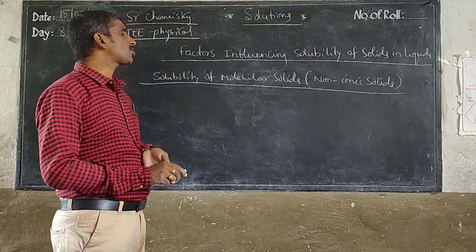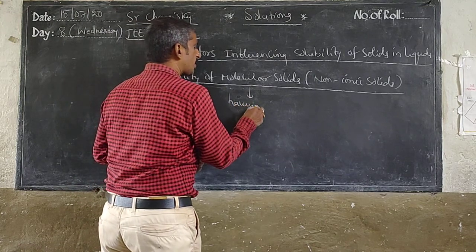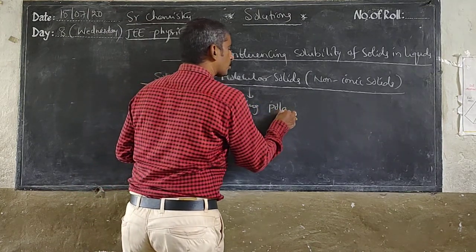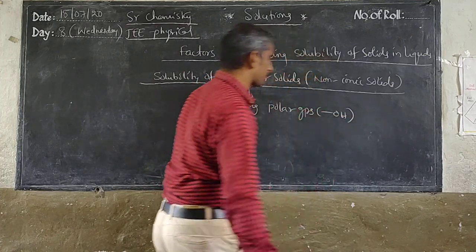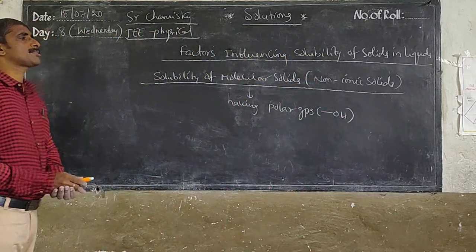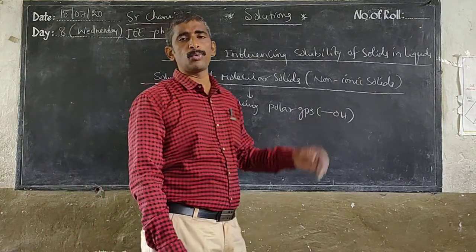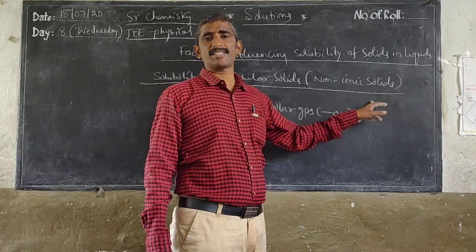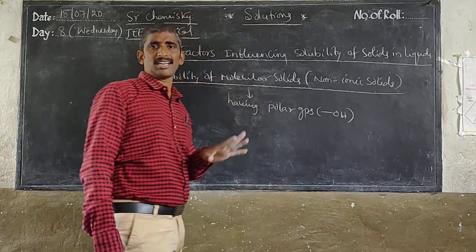Generally, molecular solids having polar groups, that means OH groups, are soluble in polar solvents. Polar solvent means like water, alcohol, etc.